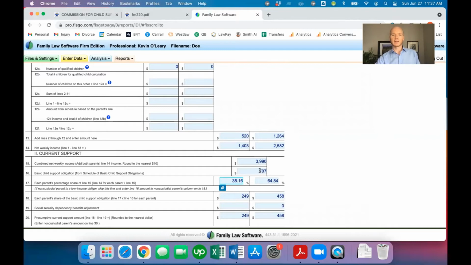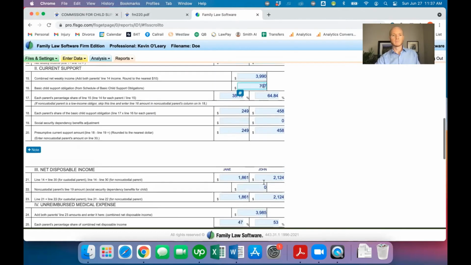So how the weekly child support amount is determined is you multiply this total child support obligation by the percentage here. So in this scenario, we've got John paying child support to Jane. So it's essentially 64.84% of this $707 per week number.